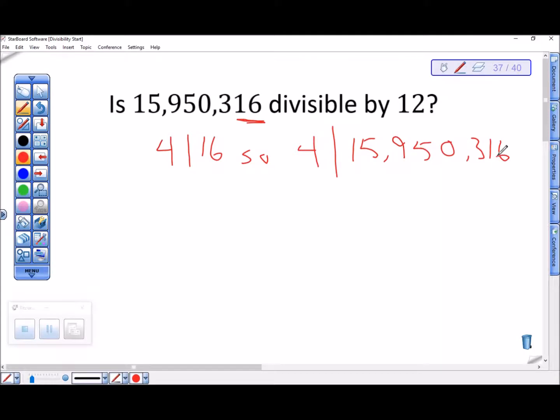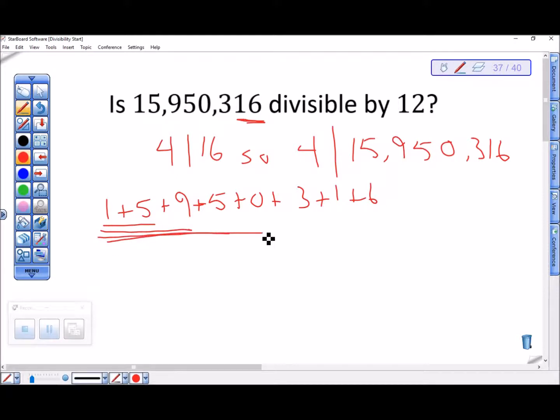Now to check for 3, we need to take 1 plus 5 plus 9 plus 5 plus 0 plus 3 plus 1 plus 6. 1 and 5 is 6, 15, 20, 20, 23, 24, 30.